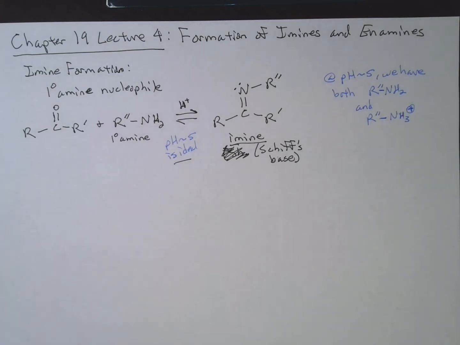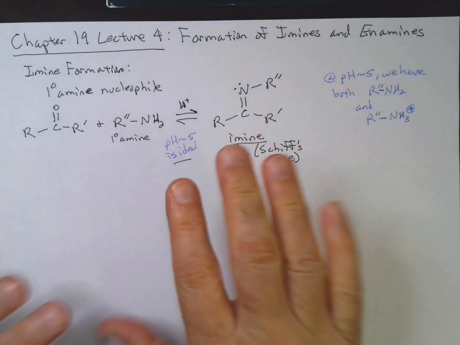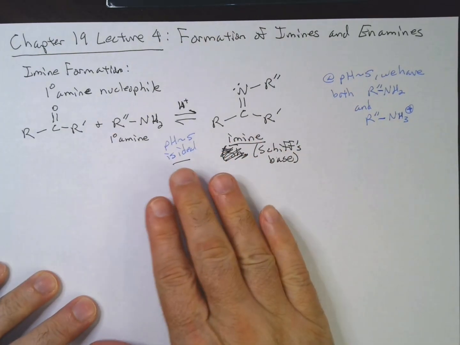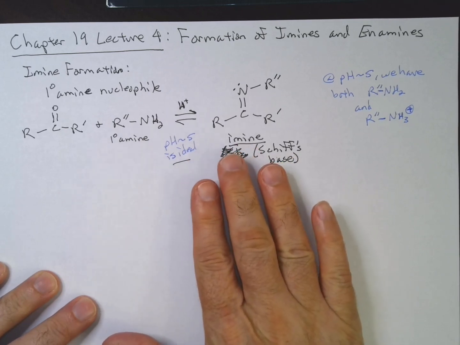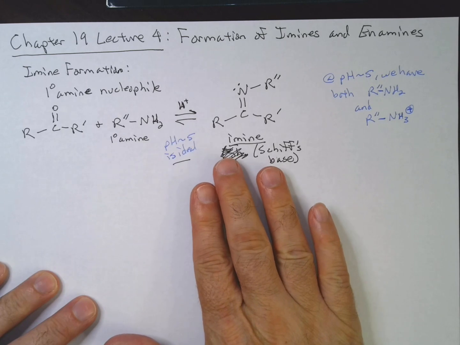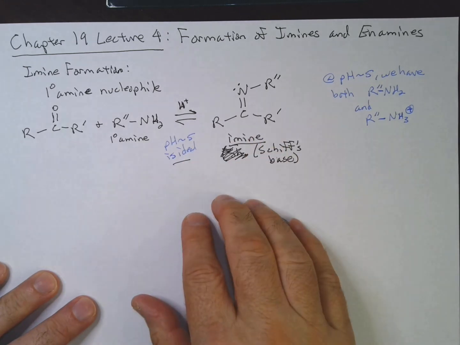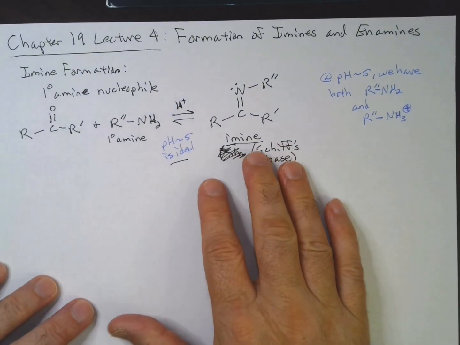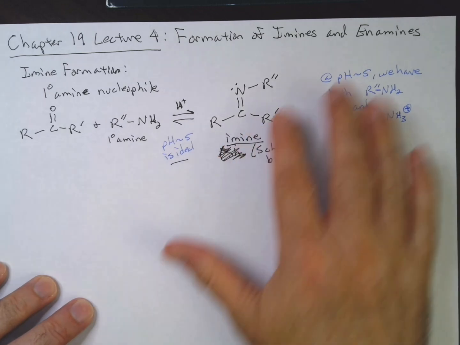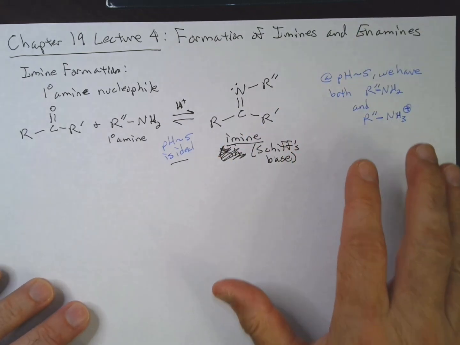We will see another difference when I actually go ahead and show you guys the mechanism. And that other difference is that we'll actually have a negative charge present when we have acid present. I know last lecture I said don't do that. Well, this is the one exception, imine and enamine formation.